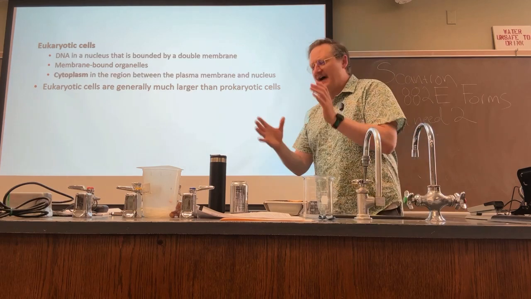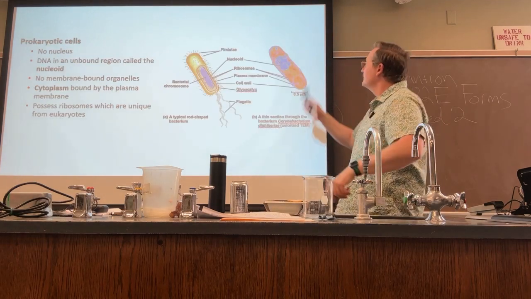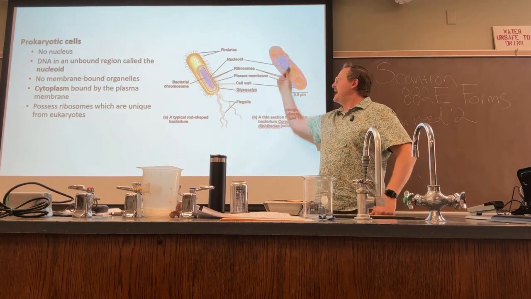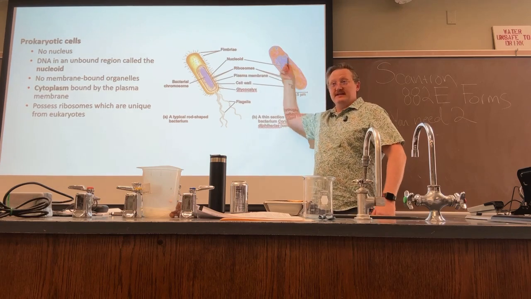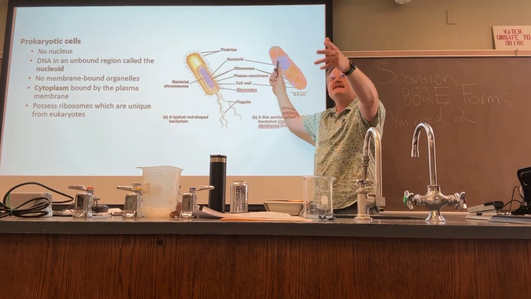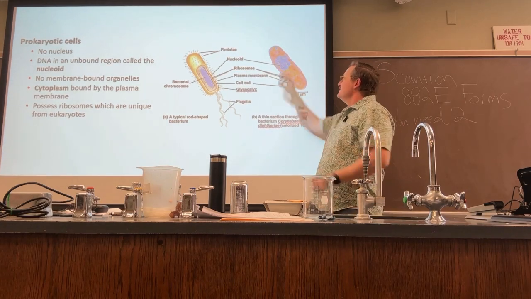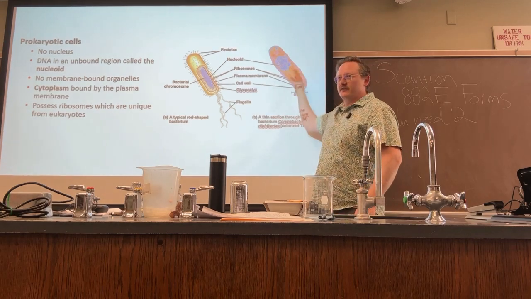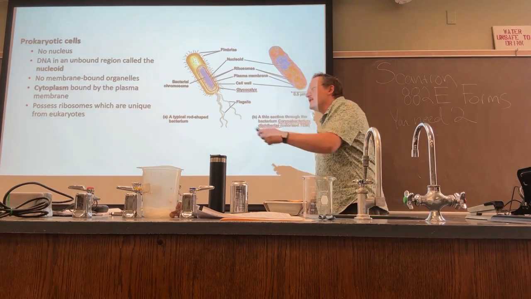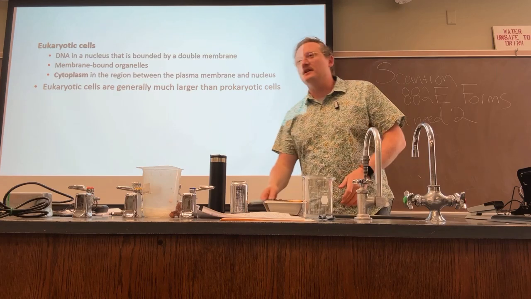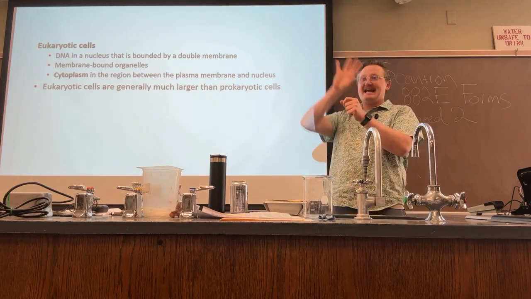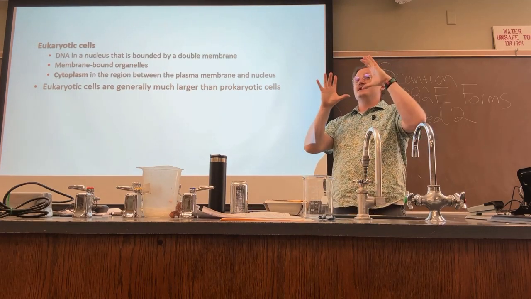All right? The fact that there's no boundary around the nuclear material, around the DNA, means that you can go DNA, RNA, protein, boom, boom, boom. The presence of the nuclear envelope means that you have to go DNA to RNA inside of the nucleus, right?